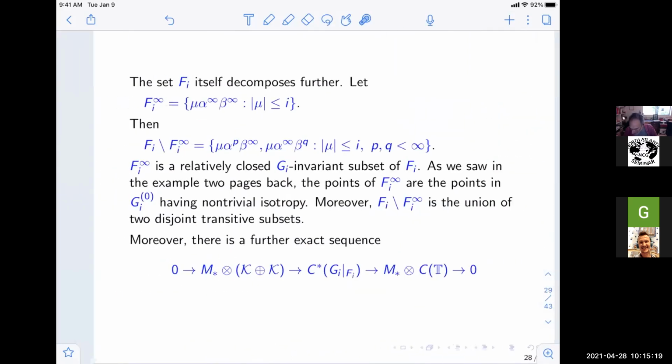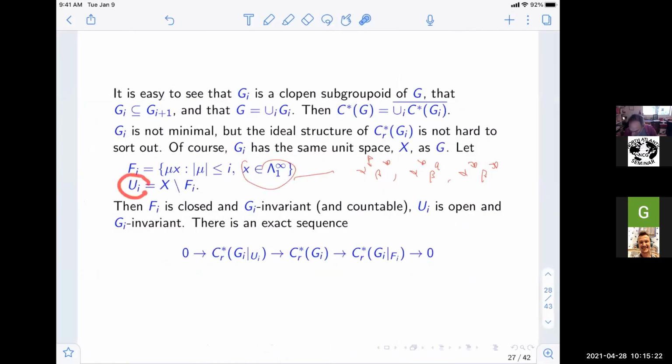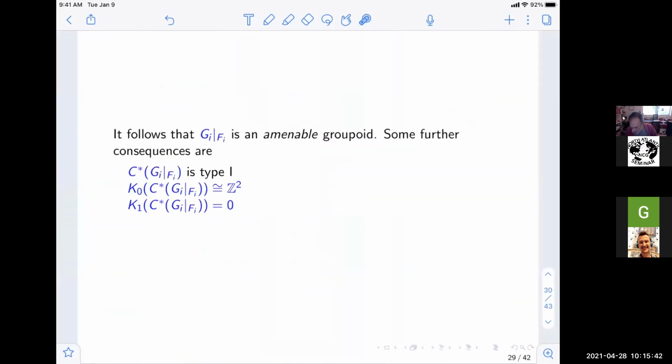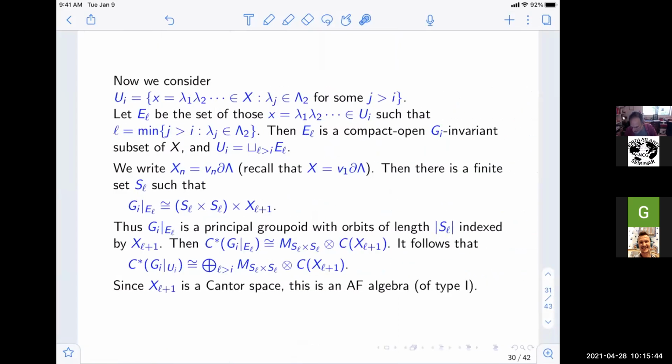Now, the complement of F sub I, I called U sub I. So if F sub I is the stuff that at some point becomes entirely in lambda 1, the complement is stuff that is never entirely in lambda 1. So infinitely many edges are drawn from lambda 2. Maybe I won't belabor this construction, but we can decompose U sub I into the things where the lambda 2 edges first start appearing.